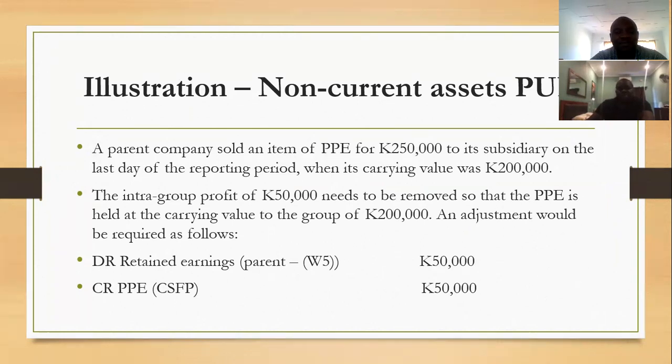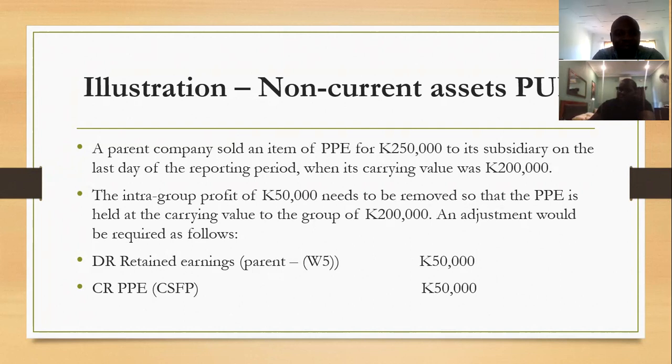So it is the same example I was giving you, the first part where we're talking about 80 and 100. The parent company has sold to the subsidiary for 250,000, yet the carrying value was 200,000. So in short, the parent company made a profit of 50,000 kwacha.